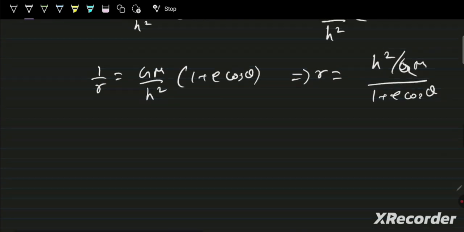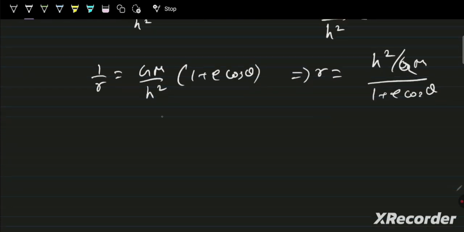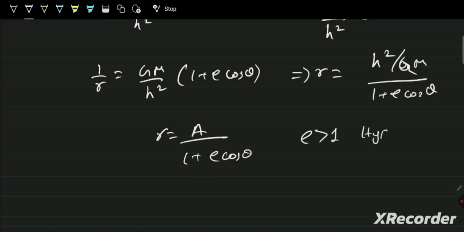If you remember, the equation of a conic in the polar coordinate system is written as r is equal to a by 1 plus e cos theta. Now if e is greater than 1, it will be a hyperbola. E less than 1, it will be an ellipse.